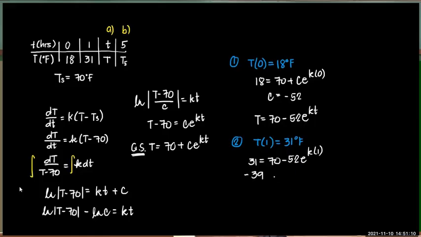Negative 39. e to the K, so this is 39 over 52, and K is negative 0.287682.